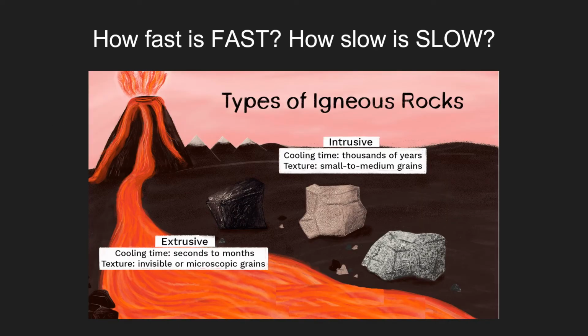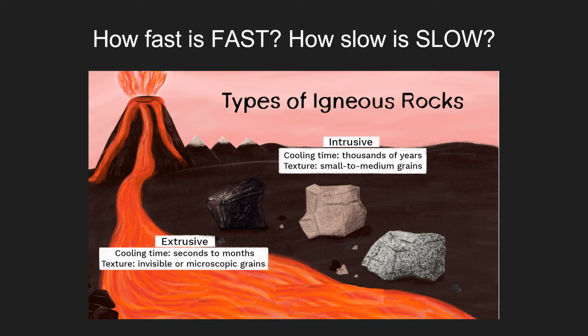So really, how fast is fast and how slow is slow? Extrusive, that means exiting the Earth, is lava. And the cooling time is anywhere between seconds and months, depending on a lot of the factors in the environment at the time of the eruption. If it's the middle of summer somewhere and it erupts, it's going to take a little longer.